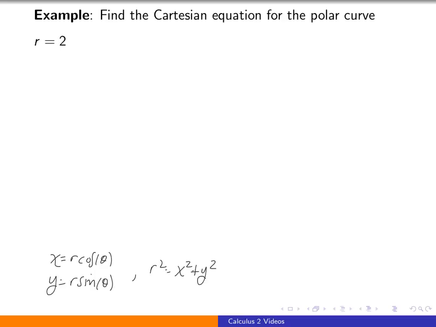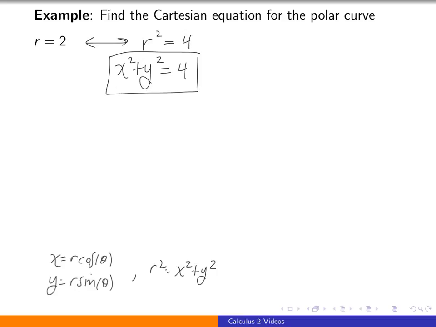In this example, because I have r equals 2, but r squared is more convenient to work with, let's square both sides. If r is 2, that means r squared is 4. And r squared is x squared plus y squared. So as expected, r equals 2 gives us the Cartesian equation x squared plus y squared equals 4, which is a circle of radius 2 centered at the origin.